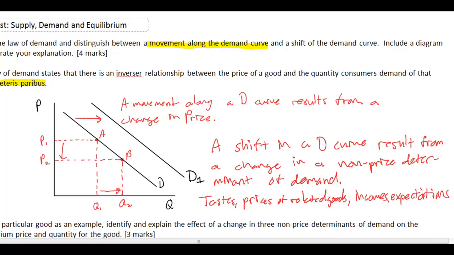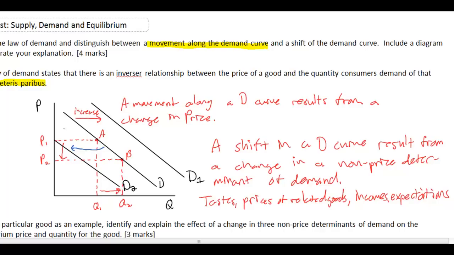If any of these factors besides the price of the good changes, then the demand for a good can either increase, which is illustrated as a shift to the right. This is an increase in demand. Or demand could alternatively decrease to, let's say, D2. A leftward shift of demand illustrates a decrease in demand.